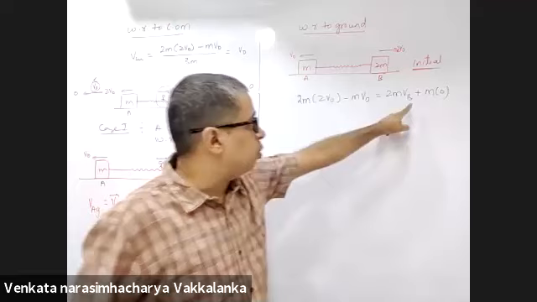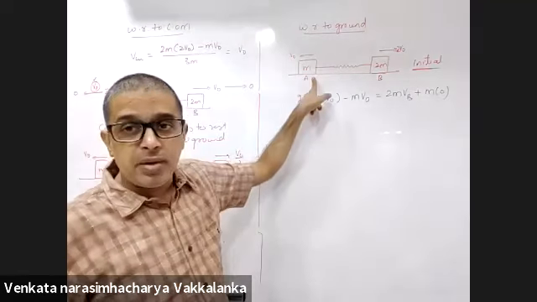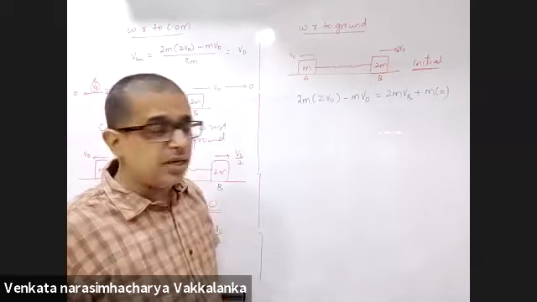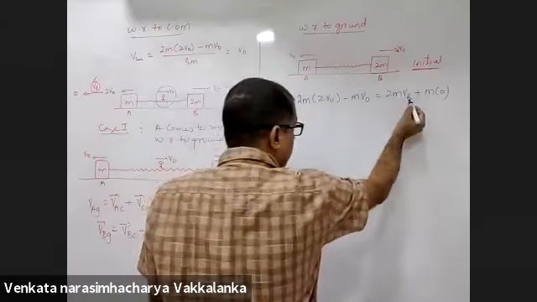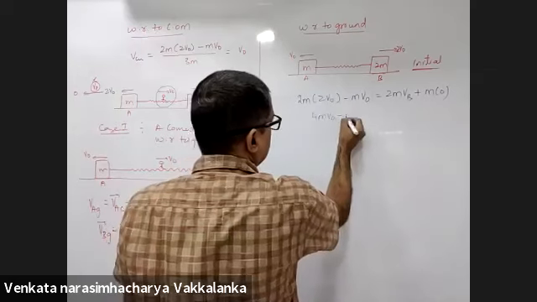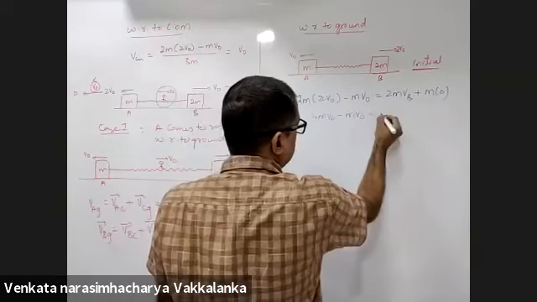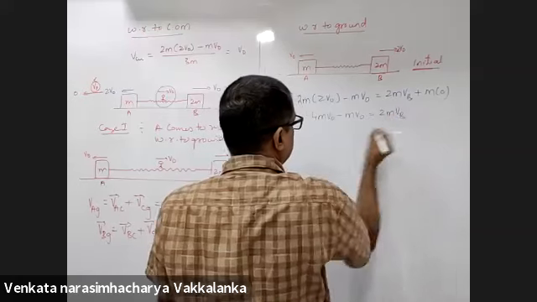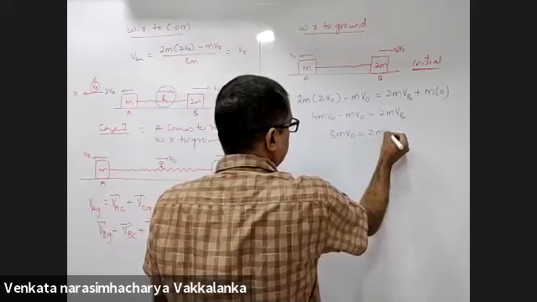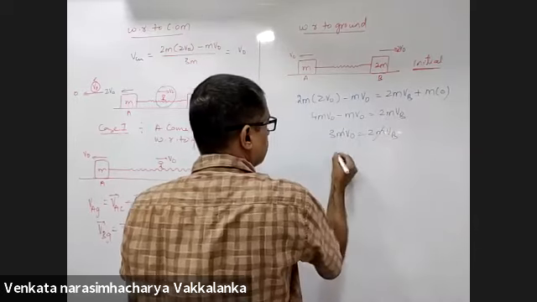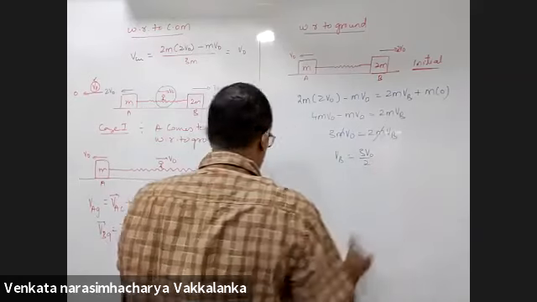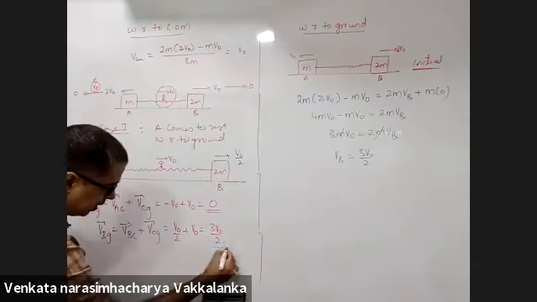Final momentum: you are telling me A comes to rest, so it is 2m into velocity of B plus 0. So 4m v naught minus m v naught is 2m into v. 3m v naught is 2m into v. So velocity of B is 3v naught by 2. Is it the answer that you are expecting?